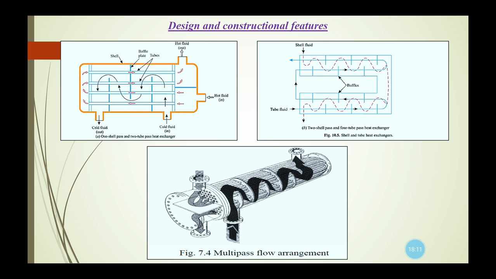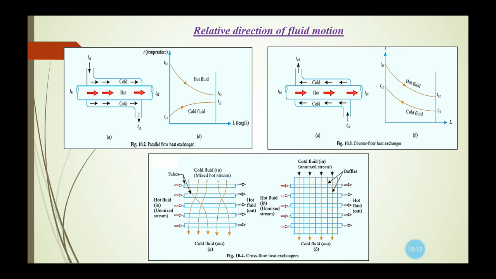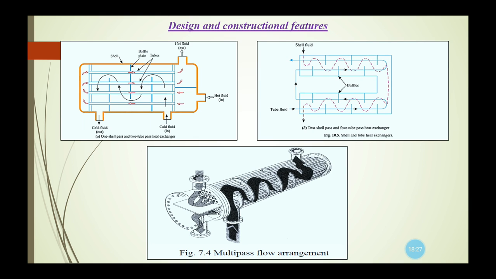The direction of the flow may be parallel or counter, as we have seen in the last slide for the parallel flow and counter flow heat exchangers. The same thing happens in the case of the concentric tube. The effectiveness of the heat exchanger is increased by using swirling flow. So this is the nature and properties of the concentric tube heat exchanger.